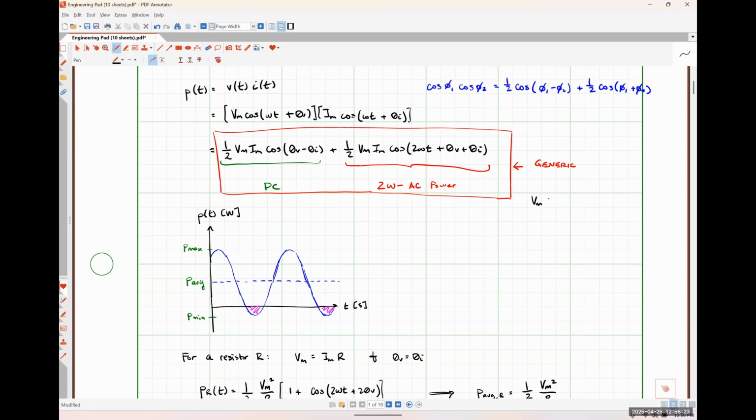Vm is literally just the magnitude of some phasor voltage V. And Im is obviously then just the magnitude of some phasor current I. Well, theta V is literally just the angle of some phasor voltage V, and theta I is just the angle of some phasor current I.